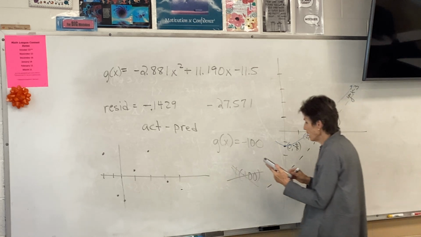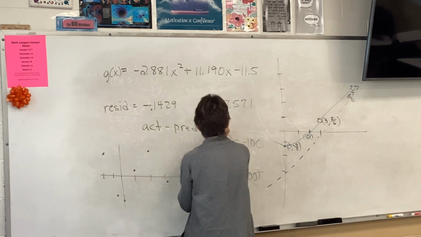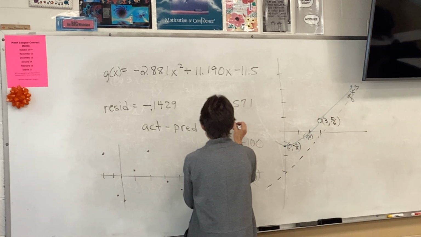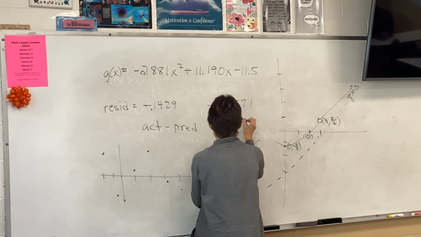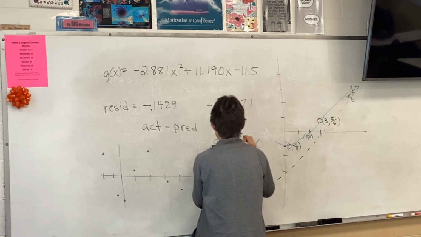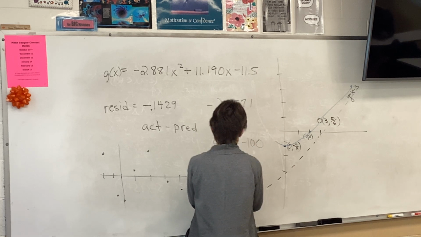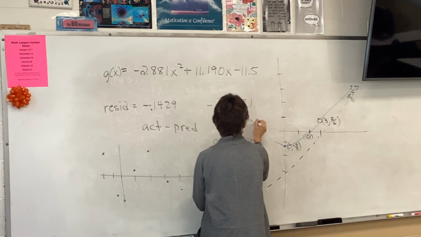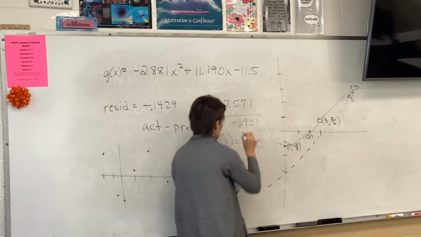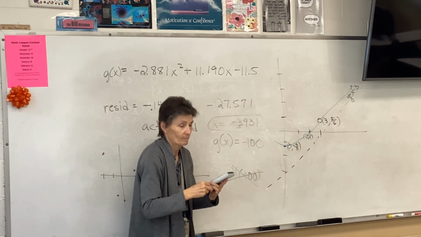I got one of them to be negative 3.931. Anybody else get that? Negative 3.931? Yeah.